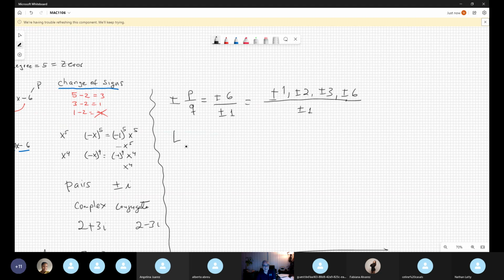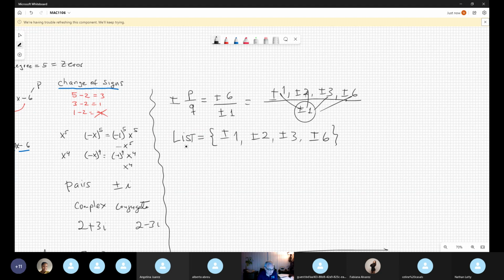Therefore, the list of our potential 0s is you take this one divided by 1: plus or minus 1, plus or minus 2, plus or minus 3, and plus or minus 6. In this moment, to make it fast, I put the polynomial in decimals and I see what combination works.